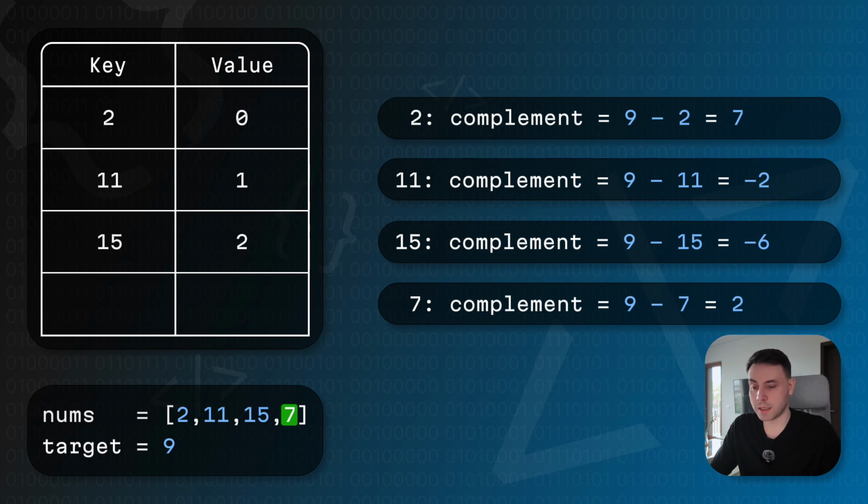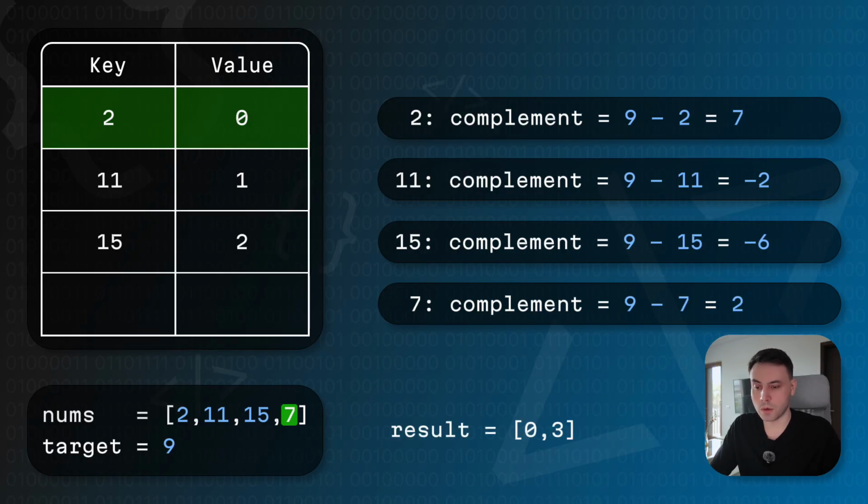Now we check if 2 exists in the hash map, and yes, it does. We also can get the index of 2 from the hash map, and it equals 0. Since we have found two numbers 2 and 7 that add up to 9, we can return their indices. And the final result is the array of two indices, 0 and 3.